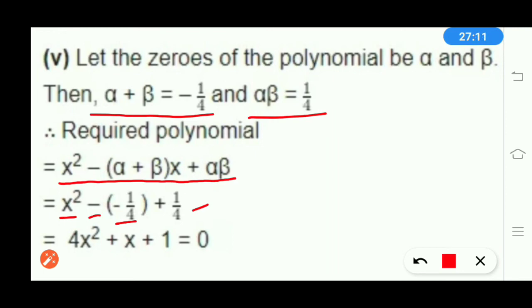Okay, so this equals 4x square plus x plus 1. This is the required polynomial whose sum of the zeros is minus 1 by 4 and product of the zeros is 1 by 4. Clear?